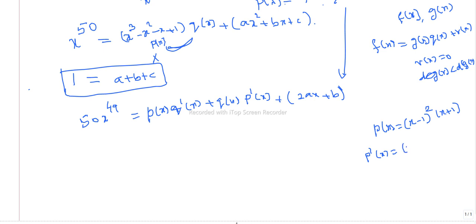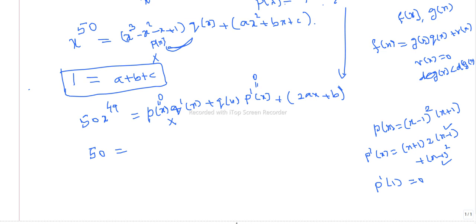So again if you differentiate this, if you fix x plus 1 and differentiate, we have 2 times x minus 1, plus if you fix x minus 1 whole square and then differentiate x plus 1, we get 1. This term contains x minus 1, this term contains x minus 1, therefore if you substitute x equal to 1, you get 0. Now substitute again x equal to 1, the left hand side we have 50, equal to, this is 0 because 1 is an eigenvalue, therefore p of 1 is 0, p dash of 1 is also 0.